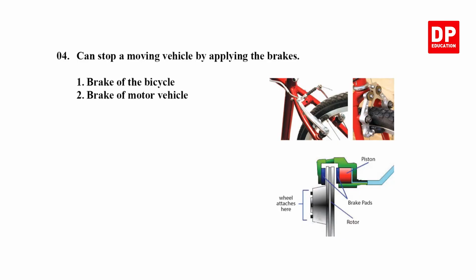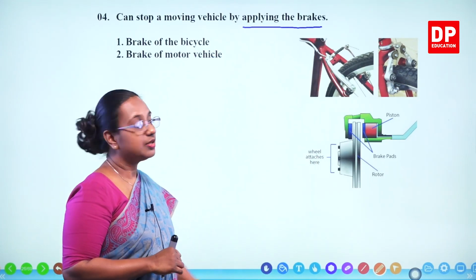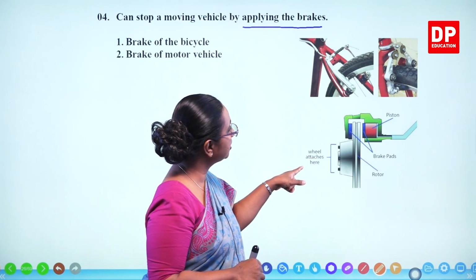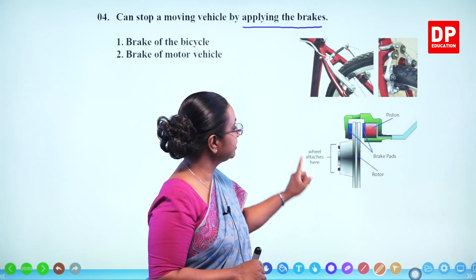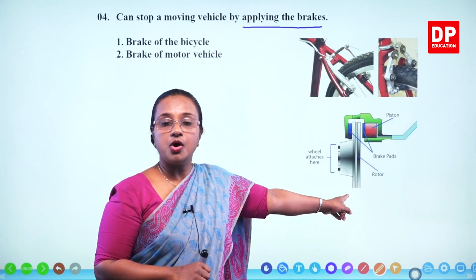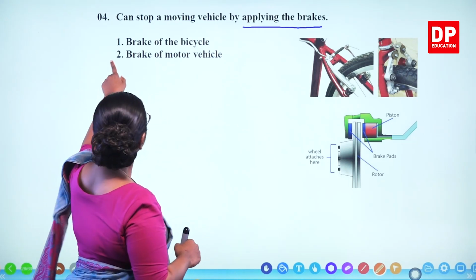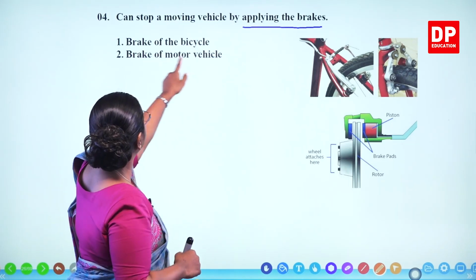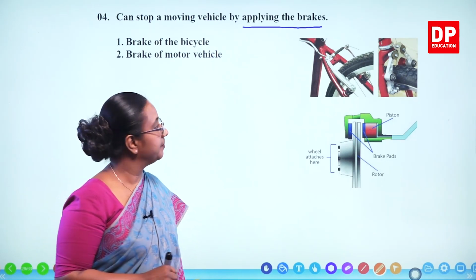We can stop a moving vehicle by applying the brakes. So when we say brakes, you can see in the picture the brake of a bicycle and the brake system of a car or a vehicle. So here there are two types, the brake of the bicycle and the brake of a motor vehicle.